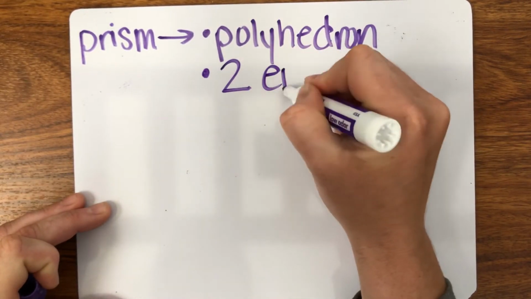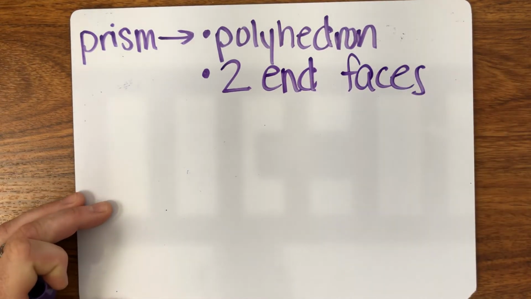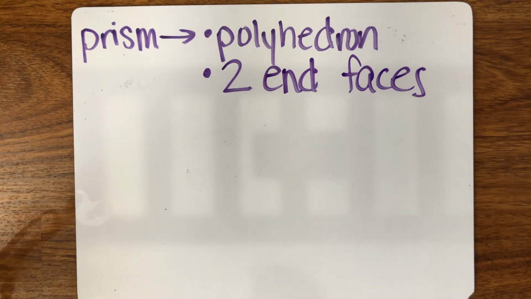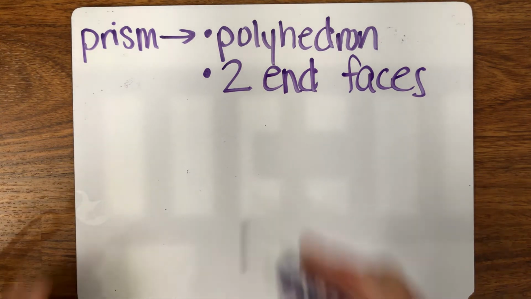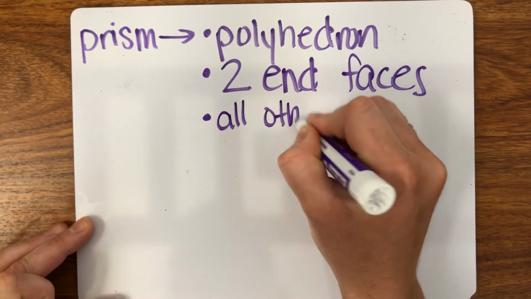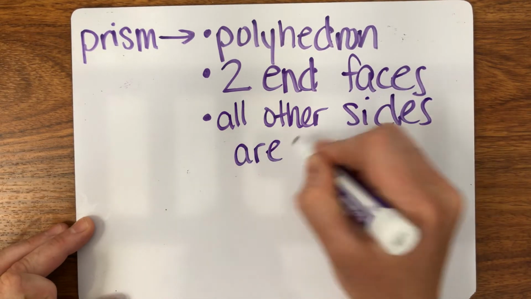It has 2 end faces. That is very important. It has two end faces, and both of the end faces have to be similar, equal, and parallel. And then all of the other sides are polygons.